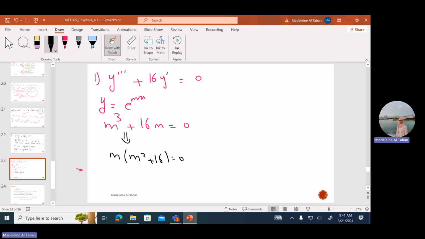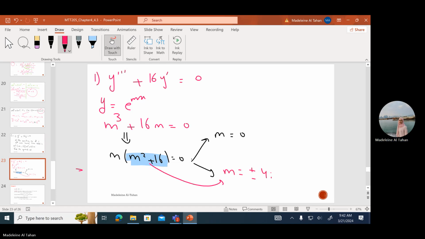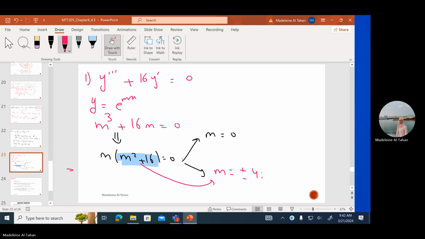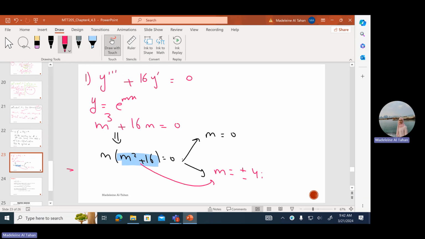We took the m common, right? What can we say here? m equals 0. And this one, m squared plus 16 equals 0. What does it imply? m equals plus or minus 4i. Right, miss? Do all of us agree?